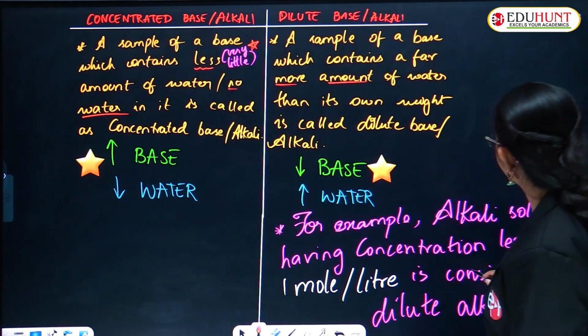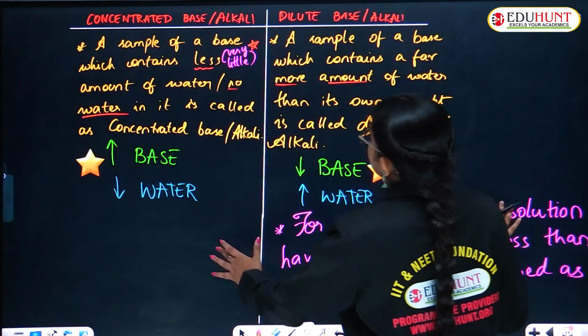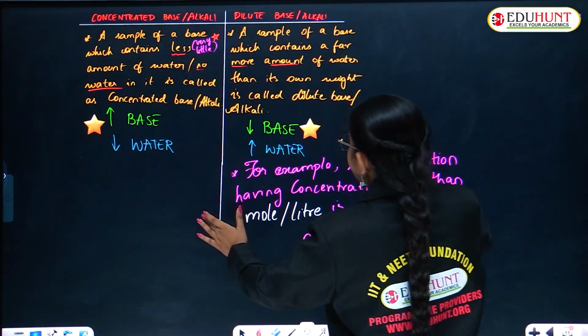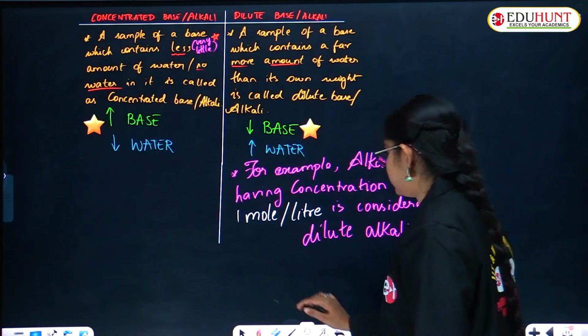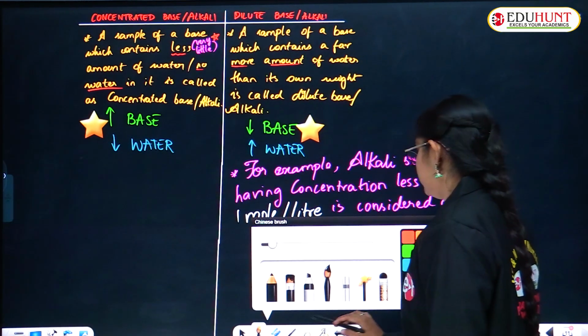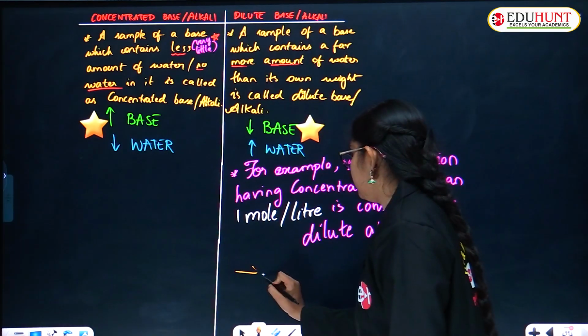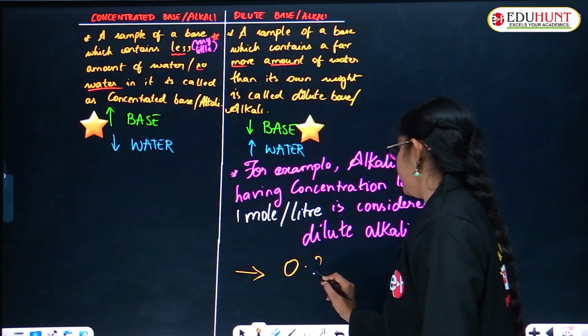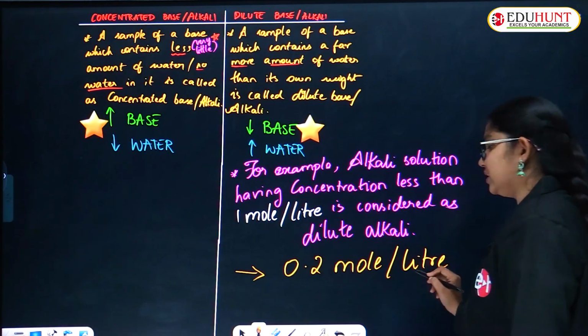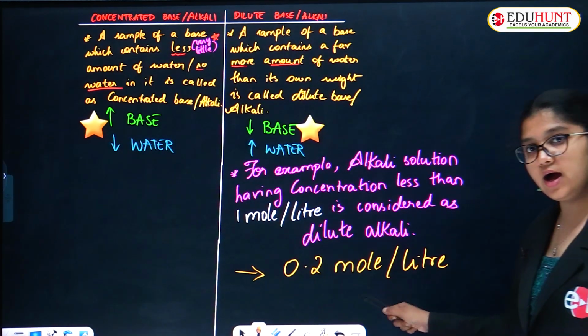For example, for more detail, I will have the examples also here. See, if I take an example regarding the dilute, for example, 0.2 mole per liter, then we can say it is a dilute alkali.